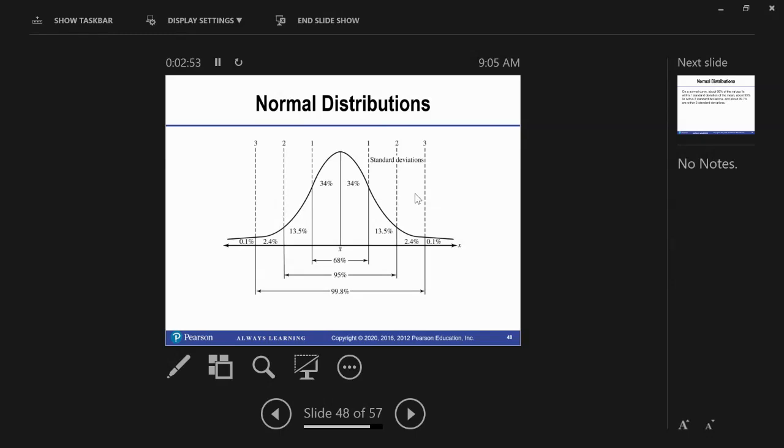Okay, so do you see the line that's going right down the middle between the 34%? Can you tell what that says at the bottom of that line? Do you see the X bar? What does X bar stand for? That's your mean, okay? And then your mean is right in the middle.